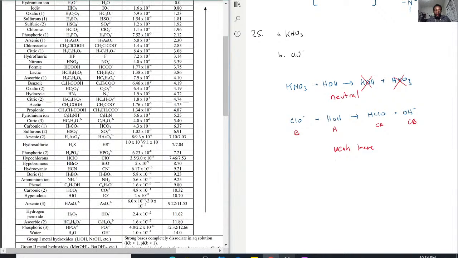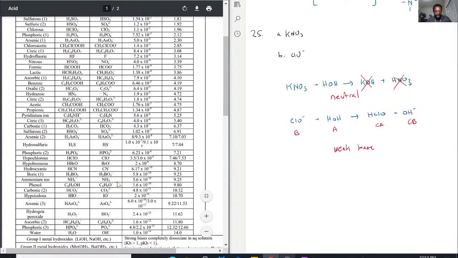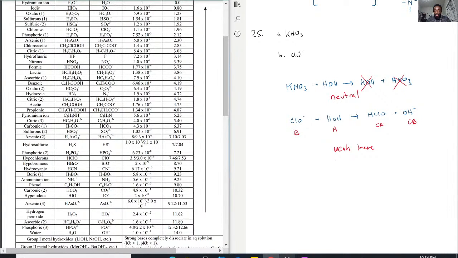What you can see here on the acids and bases sheet, where is it? Lost it again. Hypochlorous, there we go. We can actually just use this. The pKa is 7.46/7.53. So the pKb will be 14 minus that. Let's use the one that's even more basic. 14 minus 7.53. That's like an extremely weak acid.